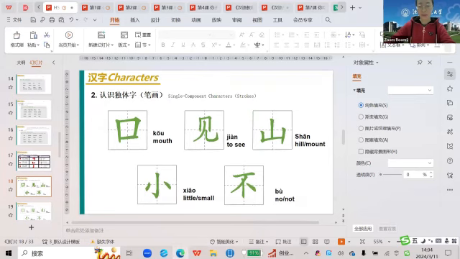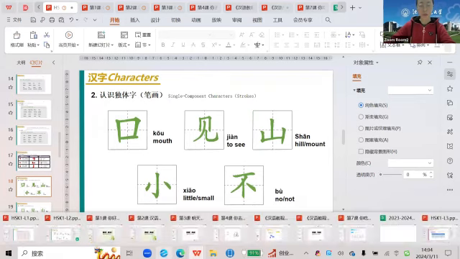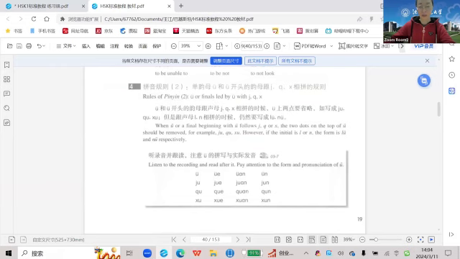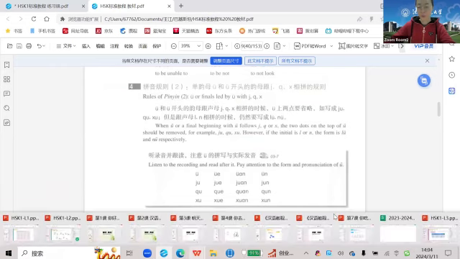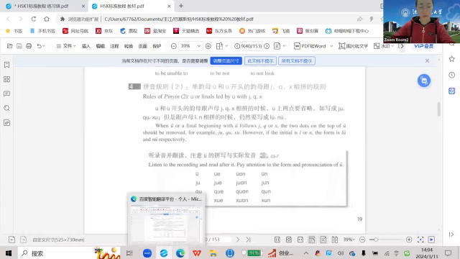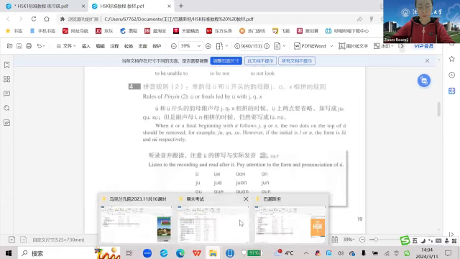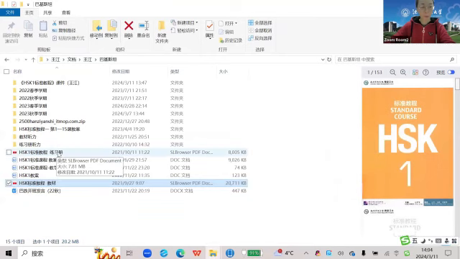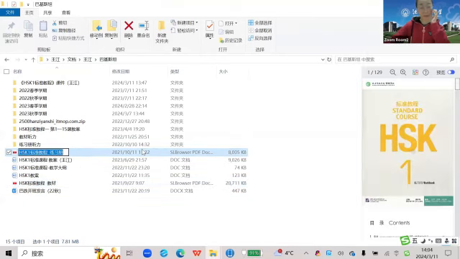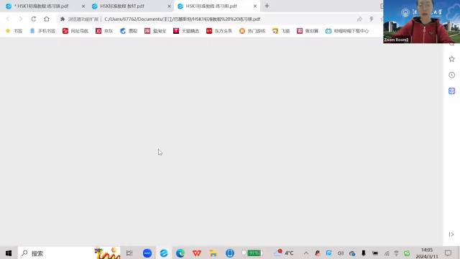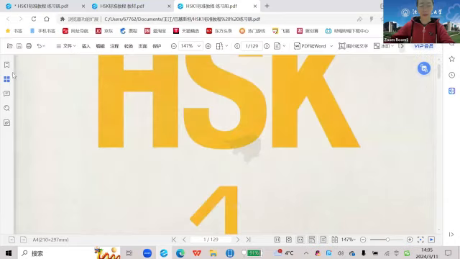Now let's continue to do the exercises of lesson 2. In today's lesson, we'll continue to do the exercises of lesson 2 at first.